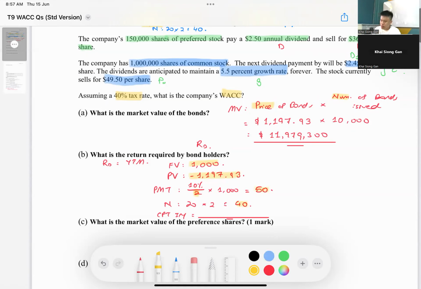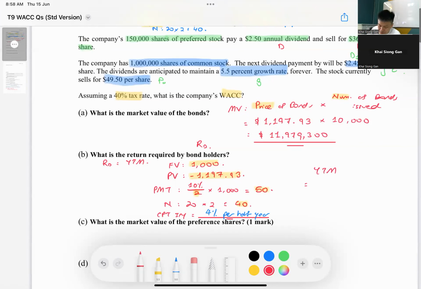So what is the IY? It should be 4%, but 4% is per half year because it's semi-annual. But when I calculate YTM, I want the full year.